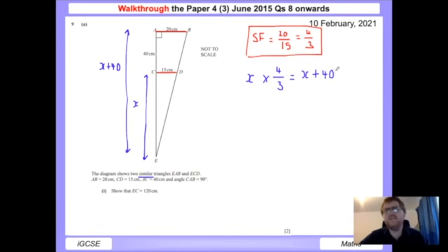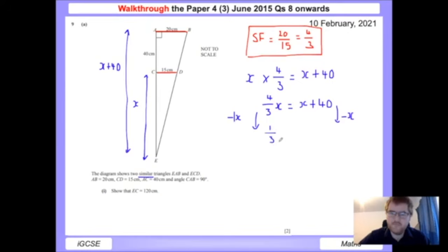This actually gives us a reasonably straightforward equation to solve. We write this in good algebra as 4/3 x equals x plus 40. We minus x from both sides. So 4/3 x minus x. This is a 1x, and remember, 1 is the same as 3/3, so we get 1/3 x equals 40.